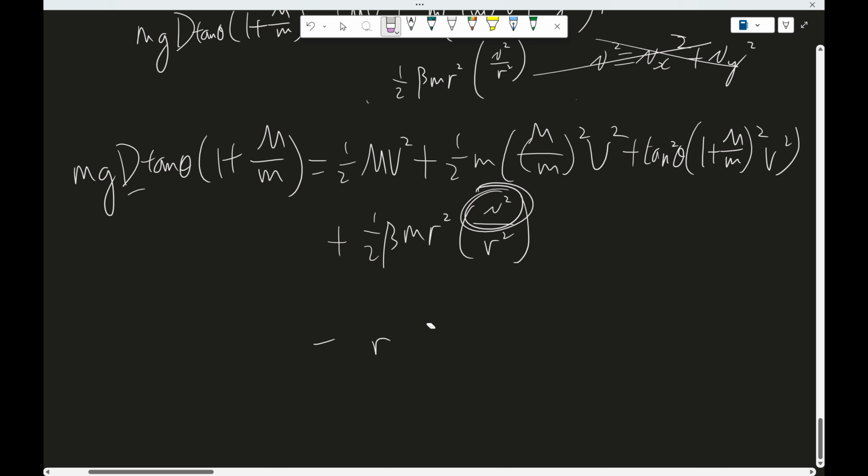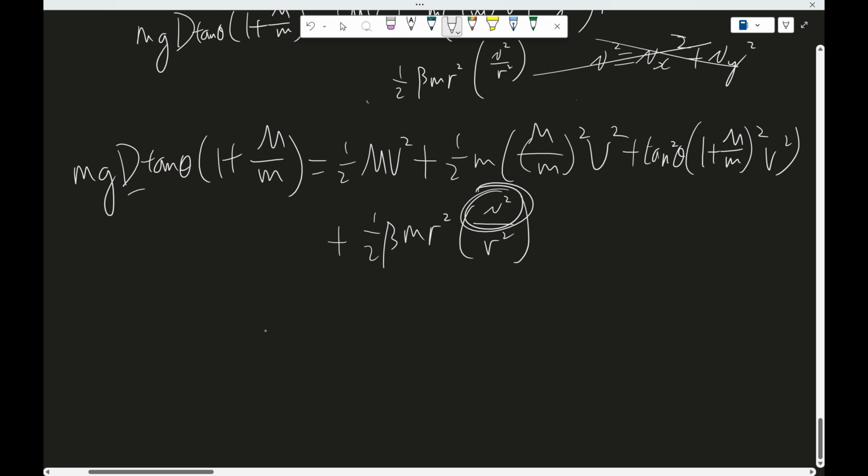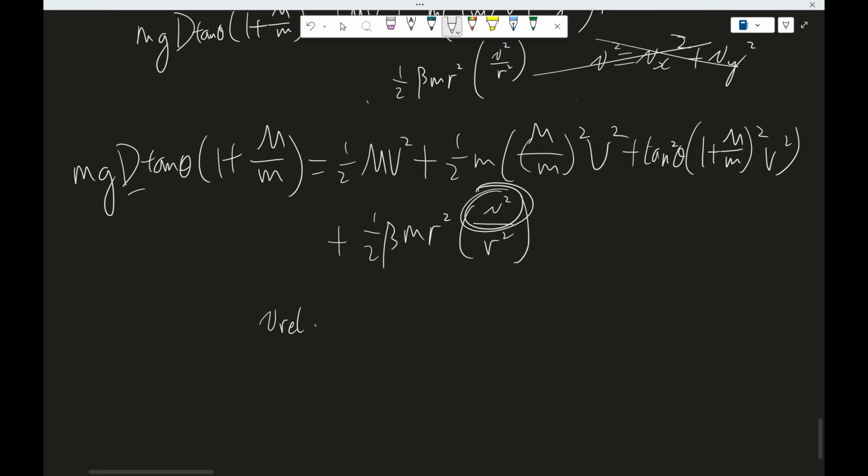And so then what can we do? Well, we know that the relative velocity along the x direction is just big V plus small v. And previously we said that big M over small m times big V is just small v.